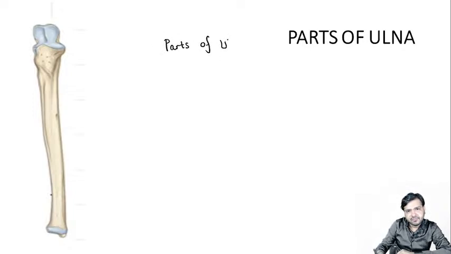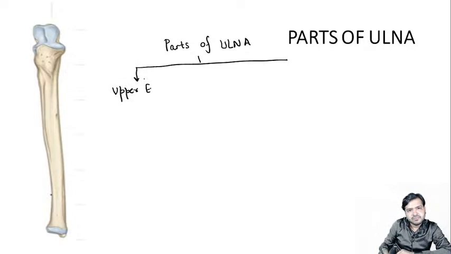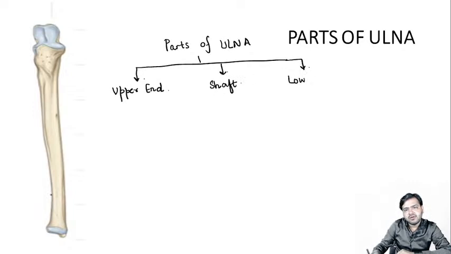The upper one is called the upper end of the ulna, the mid part is called the shaft, and the lower part is called the lower end of the ulna.